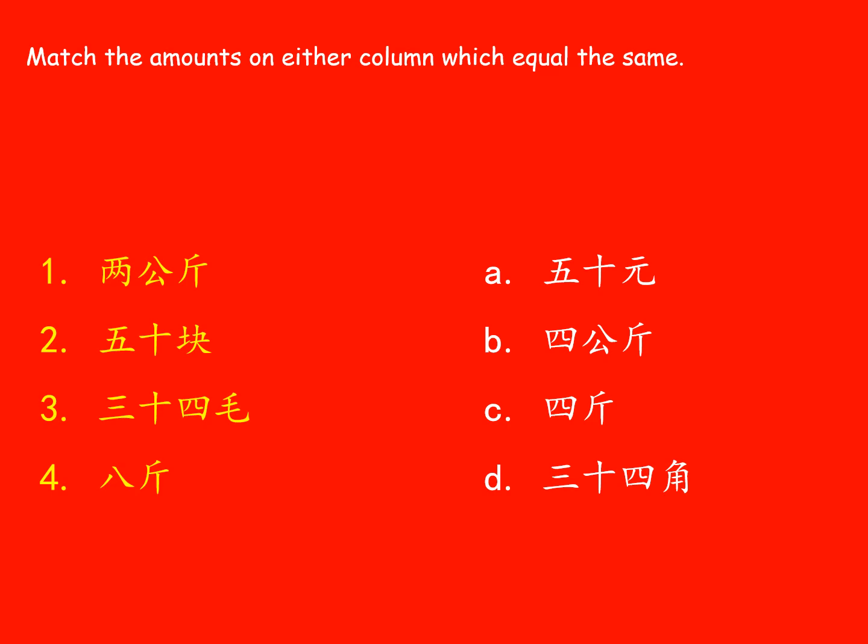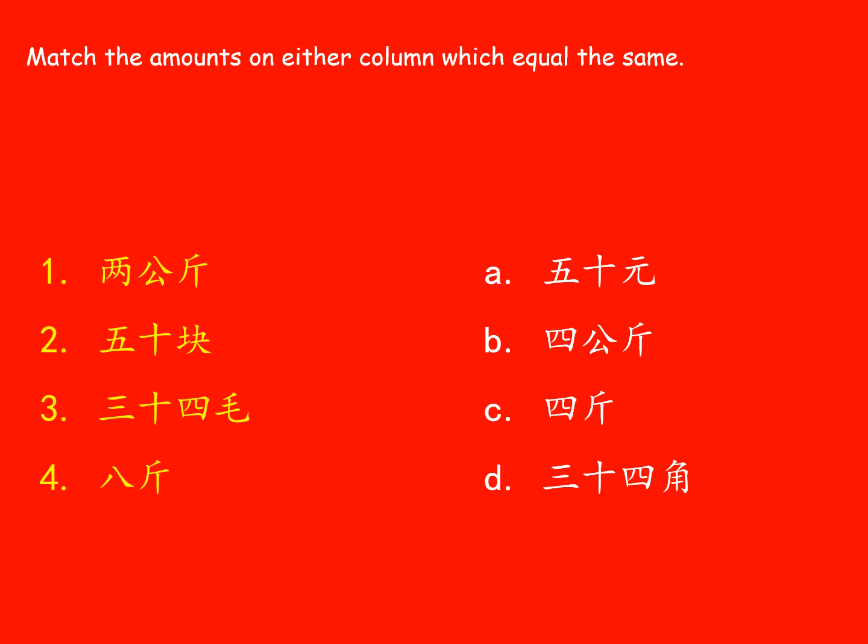If you can match the amount on either column which they equal the same, what does it mean? For example, 1块 is 1元. So if you can see 块 and yuan, that means the same thing. Another example, 1 kilo equals to 2 half kilos. Or 2 kilograms equals to 4 half kilos. So you need to do a little bit math here. Okay, so you can pause the video and sort it out yourself.